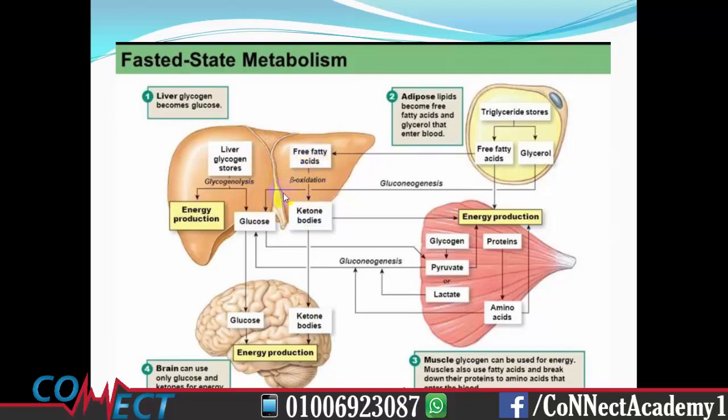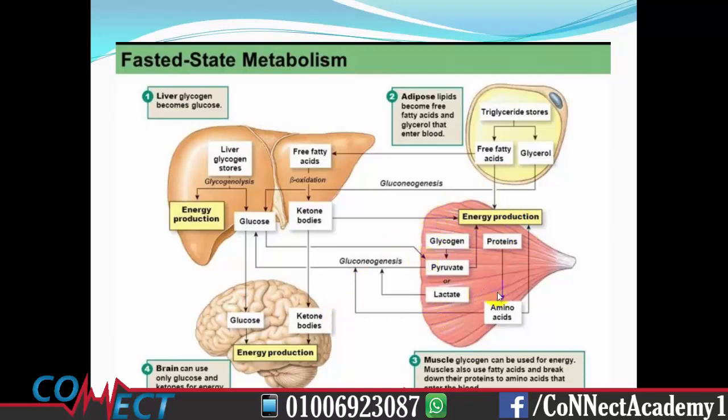The burning of the fatty acids provides us with another fuel, which is very important for the brain again, which is ketone bodies. Ketone bodies are not purely harmful bodies. They are the second source of fuel that the brain understands that it can utilize. So our brain can utilize glucose if it's present, or ketone bodies if no glucose is present.